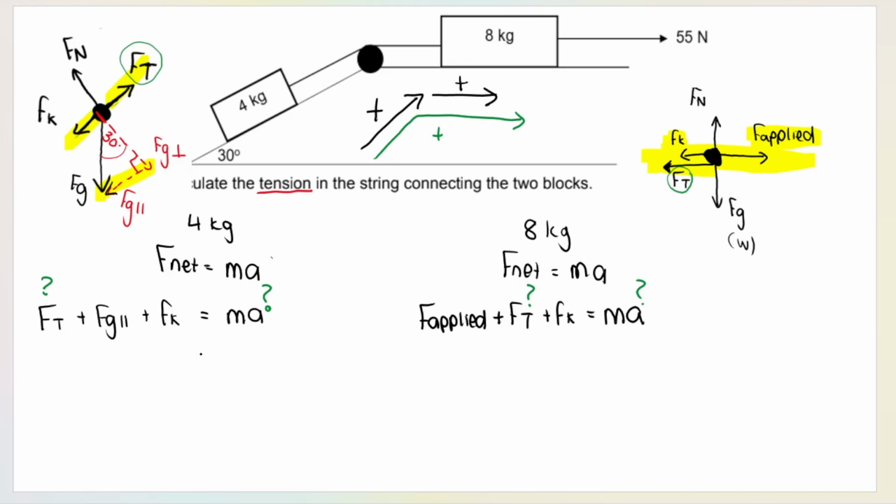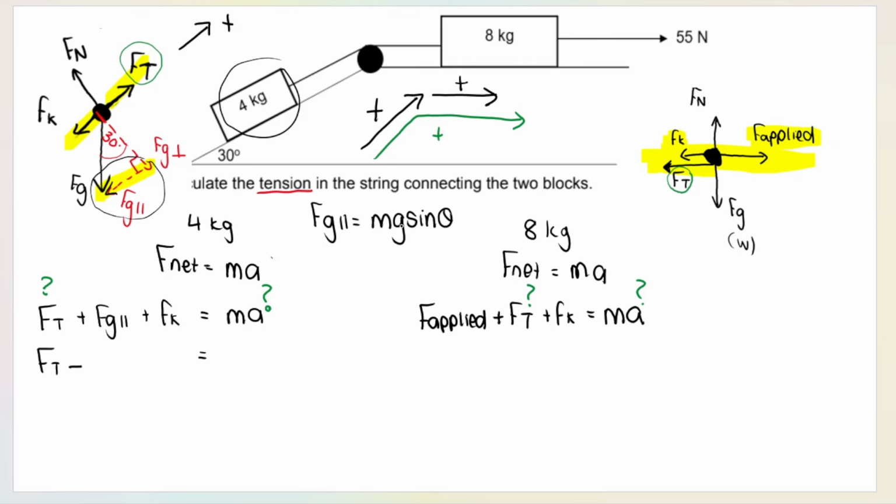Right. So do you agree that for the 4 kilogram block, focus on the 4 kilogram block, tension is going up the slope. So it will be a positive. Fg parallel is going down the slope. So it will be a negative. And how do we work out Fg parallel? I've done this in a previous video, but it's mass times gravity times sine of my angle.